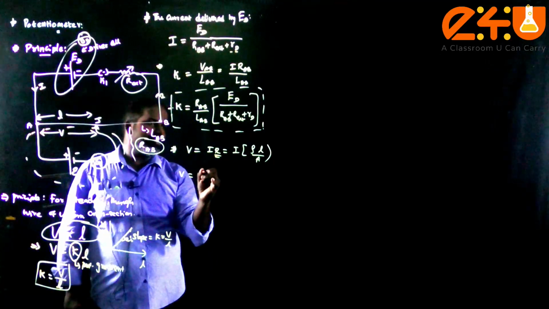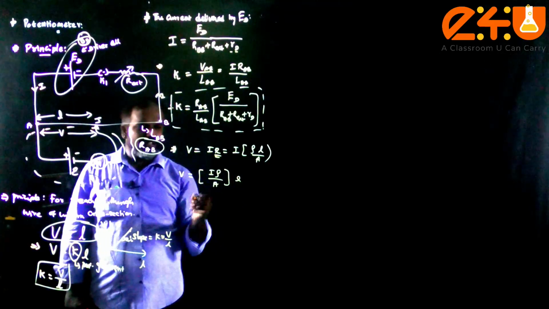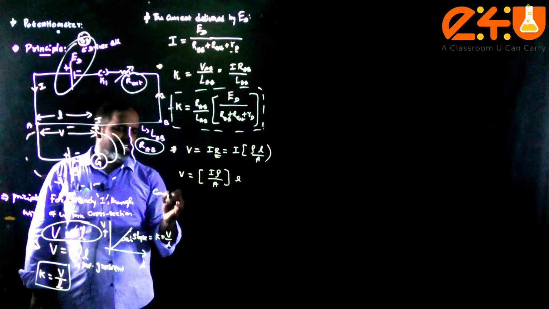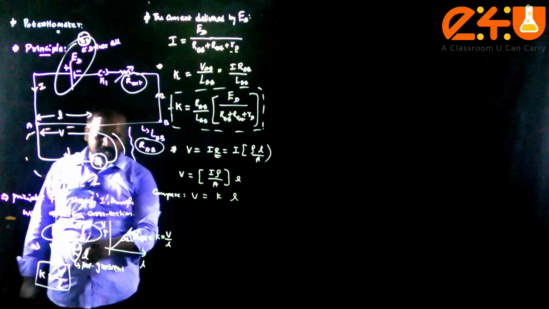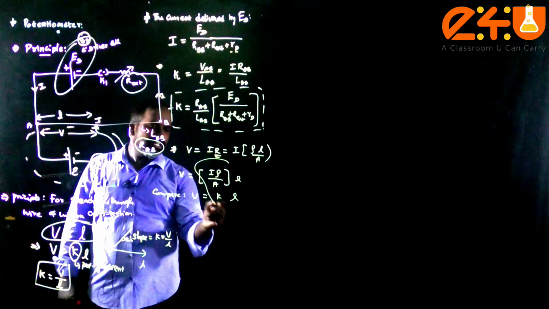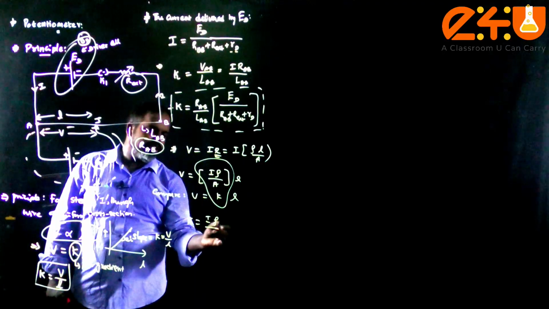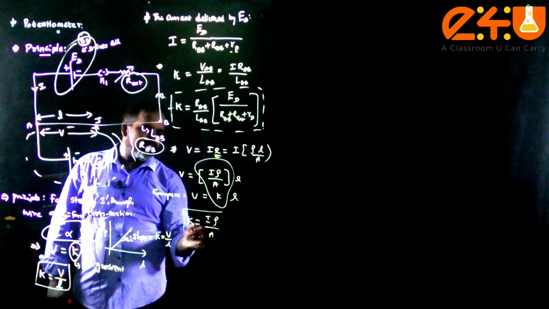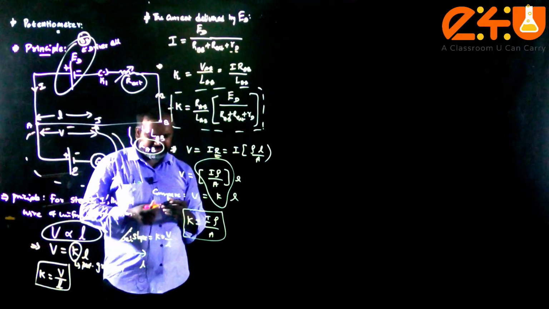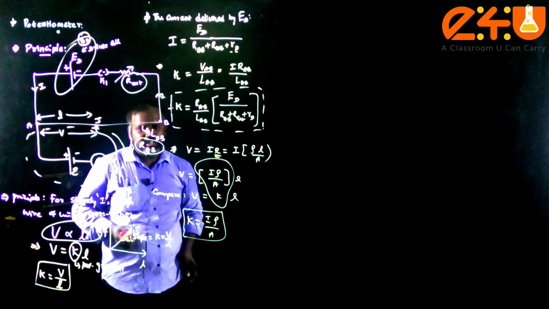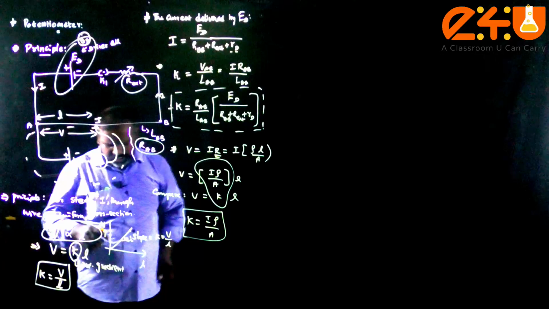Therefore, V is equal to I rho by A into L. Now compare this equation with V is equal to KL. Then the other expression is K is equal to I rho by the area of cross section. So these are the three important relations for potential gradient, and this is the principle of the potentiometer.